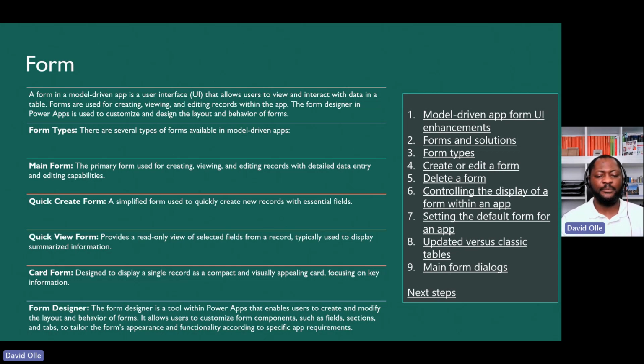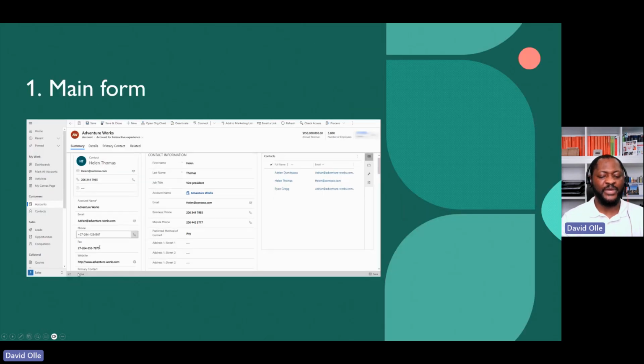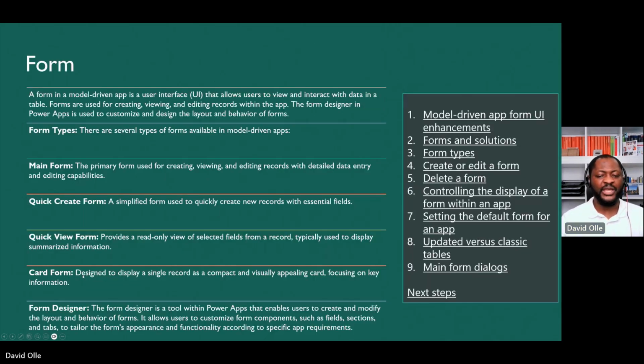That's how you should think about it. It's basically a one column form, and the same thing with your quick create form, which is also a one column form. We're going to see a little bit later on some of the major differences there.